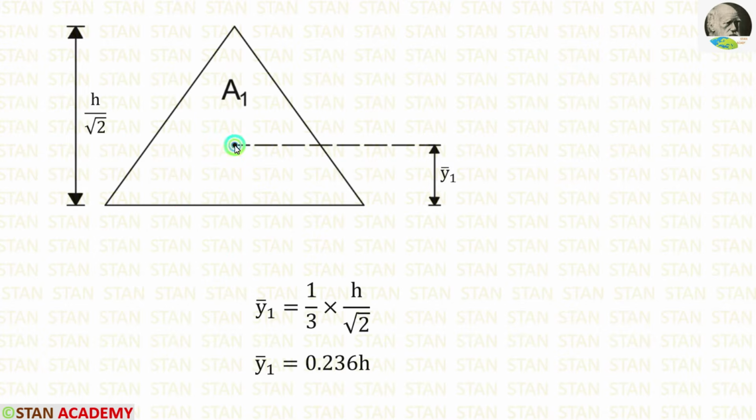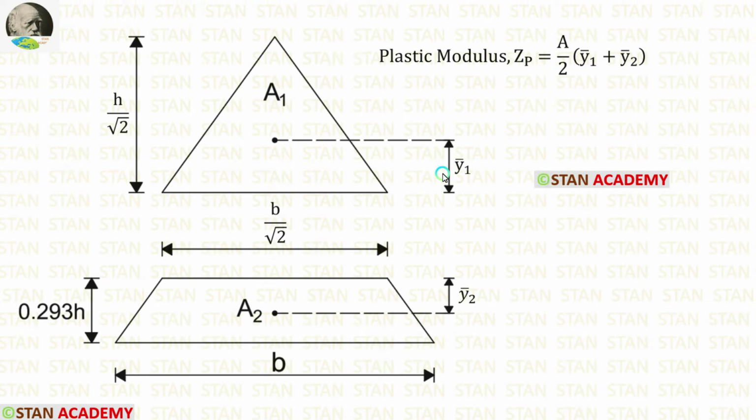We need the distance between the centroid to the base, that is y1 bar. Here the height is h by root 2, so y1 bar is equal to 1 by 3 into h by root 2. After calculations, we are getting y1 bar is equal to 0.236h.